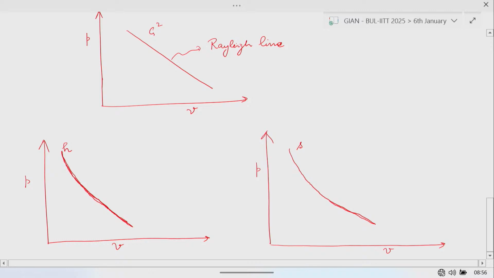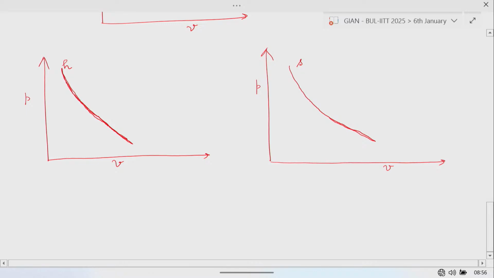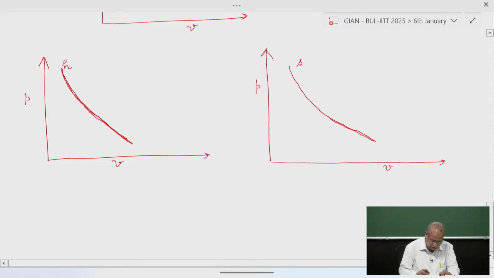This is from the PVT relationships, we can deduce this. Now here we are going to look at the effect of heating, what happens to this H line and S line.